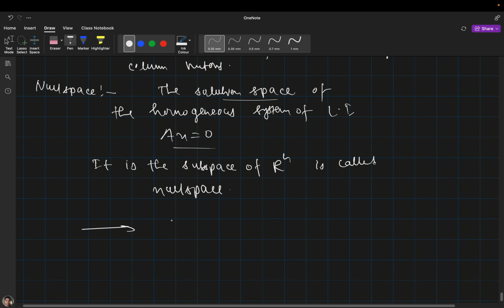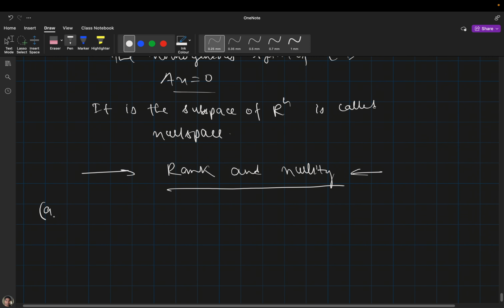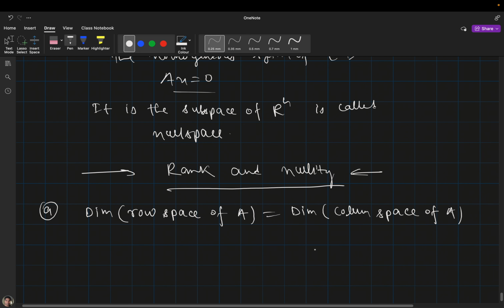Okay, now let's talk about rank and nullity. First theorem: the dimension of the row space of A is exactly equal to the dimension of the column space of A. Now the dimension of the null space of A is called nullity.